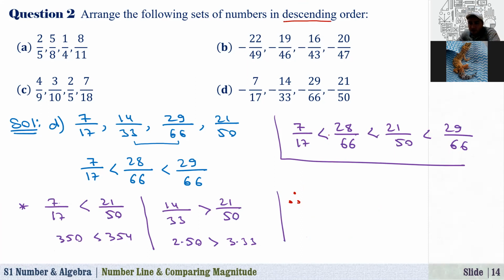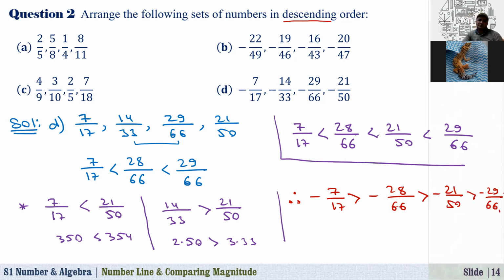So the greatest is minus 7 over 17, greater than minus 28 over 66, greater than minus 21 over 50, greater than minus 29 over 66.